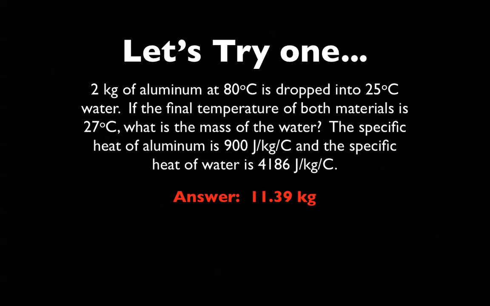Okay, so if you're going to put the aluminum on the losing side, because it's going down in temperature, only values that attach to aluminum should go on that side of your equation. On the other side, the water is gaining temperature and heat, so only values that are attached to the water should go on that side of your equation. Okay, so everybody stop the video, work your way through it, and then play the video and see if you're right.